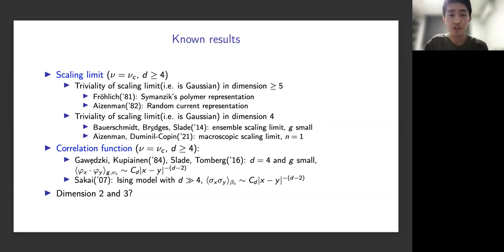I have also mentioned the result by Bauerschmidt, Brydges, and Slade because this result also plays a very important role in our paper. But to be honest, they are not really talking about the critical point scaling limit because they are considering a sequence of nus that converges to the critical value. And the type of scaling limit is also a bit different. They consider the ensemble scaling limits when the coupling constant g is sufficiently small.